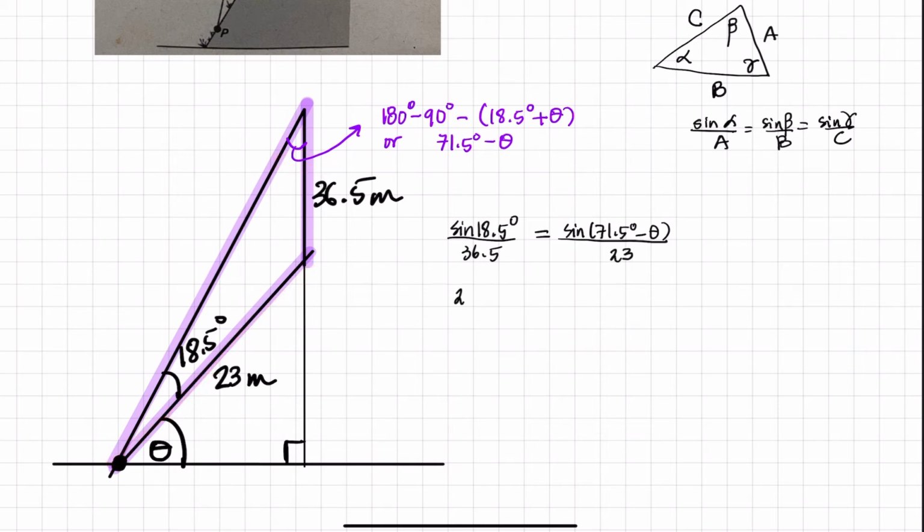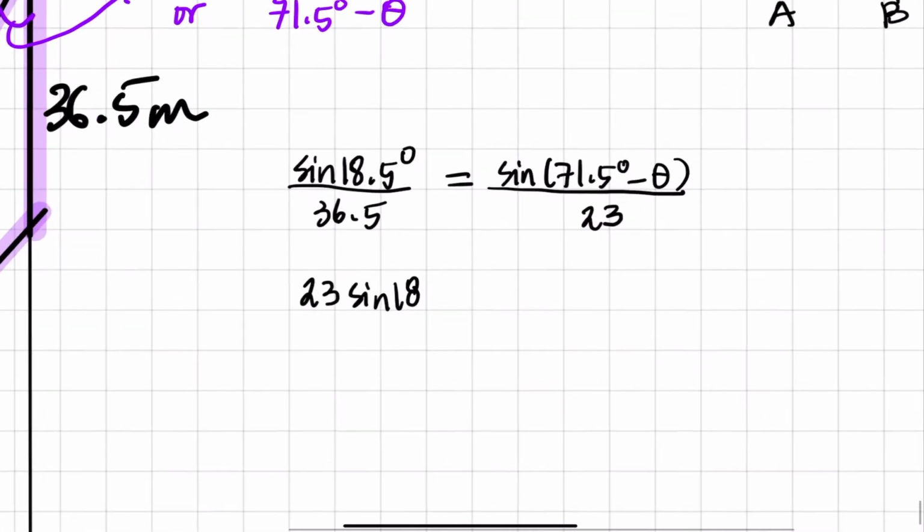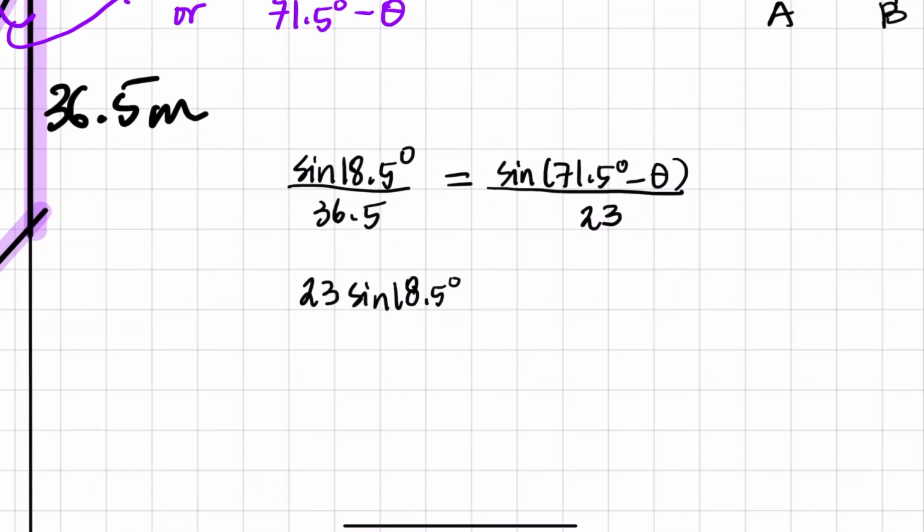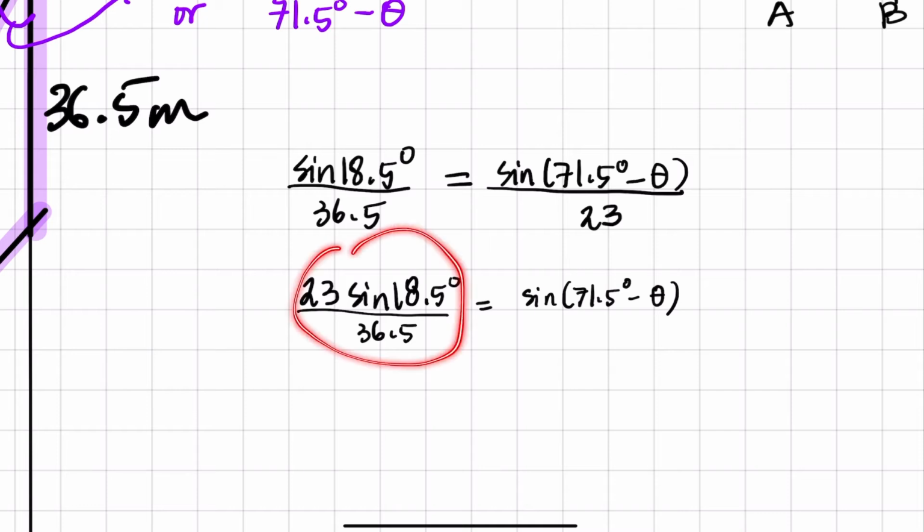So, multiply both sides by 23. 23 sin 18.5 divided by 36.5 equal to sin of 71.5 minus theta. Huwag matatakot dito ha, number lang yan. Pwede i-calculate yan. So, you can take sin inverse of both sides.